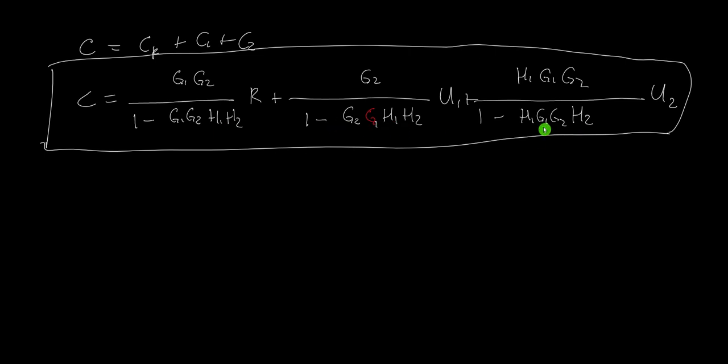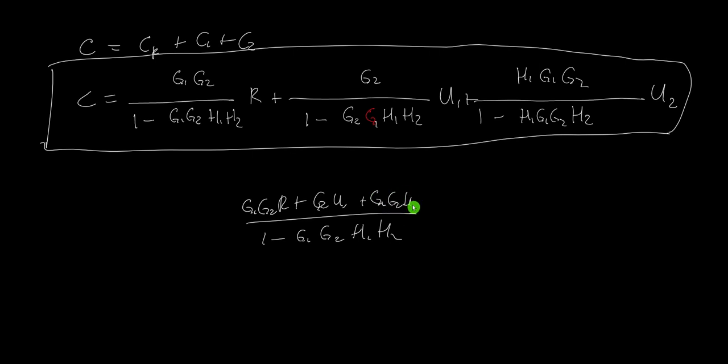You can just put the denominator 1 minus G1 G2 H1 H2, and we have G1 G2 times R plus G2 times U1 plus G1 G2 H1 times U2. So you can rewrite that into that form. It's still the same.